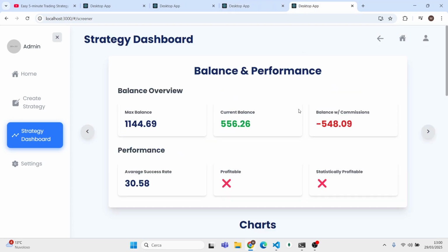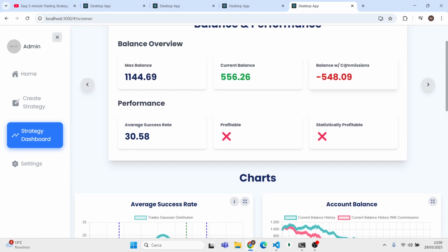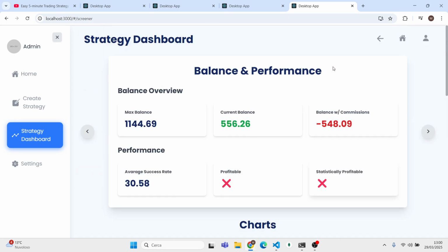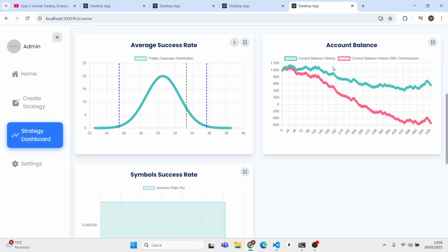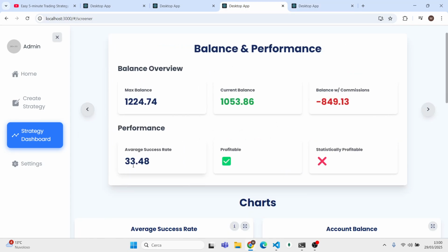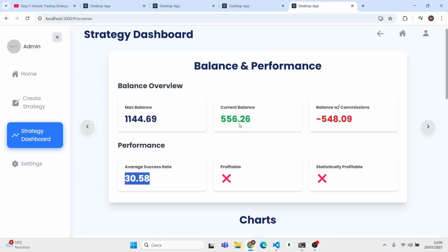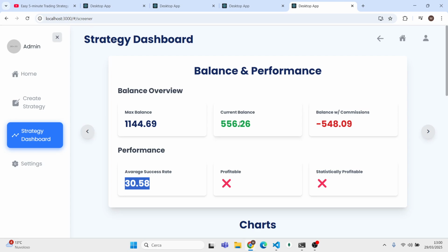We would not have been profitable without the commissions and also with commissions, so bad results for this strategy. But with the confidence interval test, we can say that at 99% sureness, these two average success rates are not different.